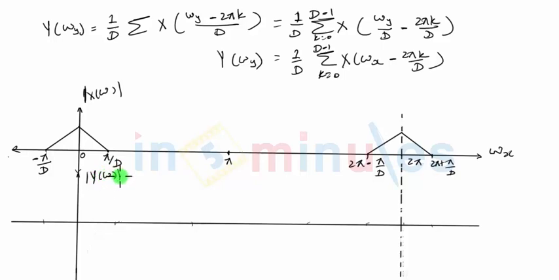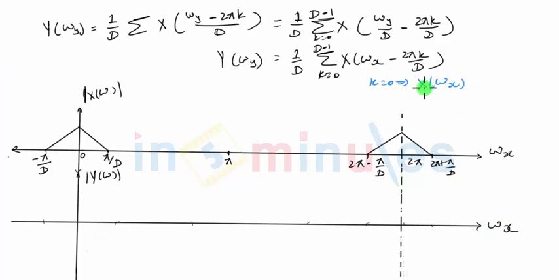Let us now plot in the next frequency spectrum the magnitude spectrum of Y of omega, for which we can use this relationship. Y of omega we have defined in the form of X of omega. All we have to do is expand this summation and keep on plotting X of omega. When I put k equal to 0, I will get X of omega x. That means if k is 0, I get the original X of omega without any shifting. So when I plot Y of omega, we will be plotting with respect to omega x.